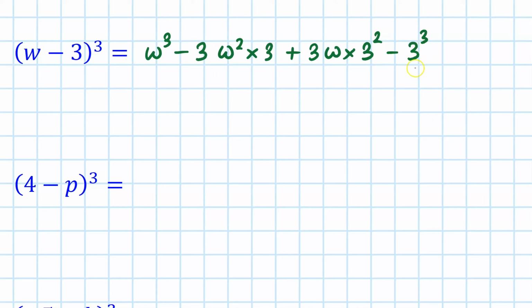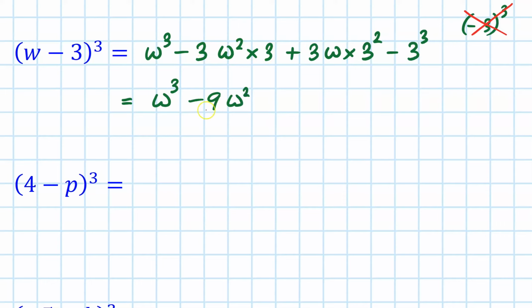Remember, this one is just 3 cubed, not that. That's different. This is just taking the cube of 3 and putting a negative in the front. Okay, let's write w cubed, 3 times 3, 9.